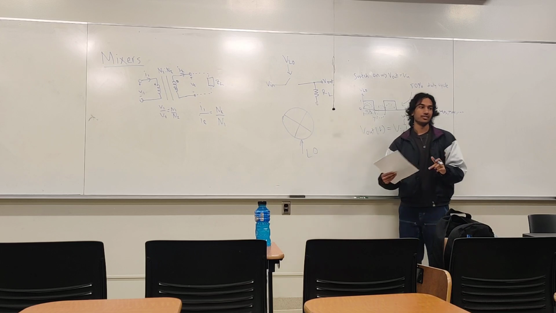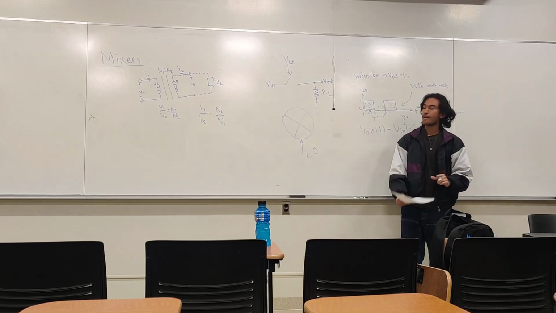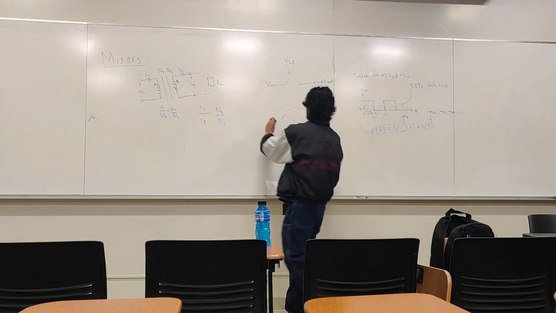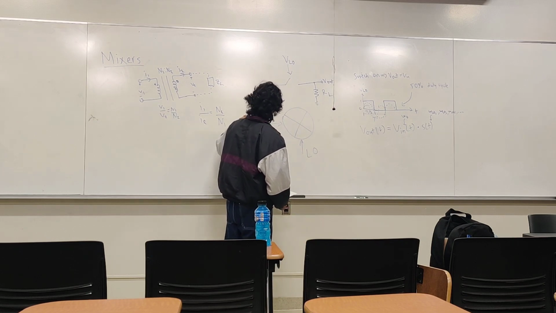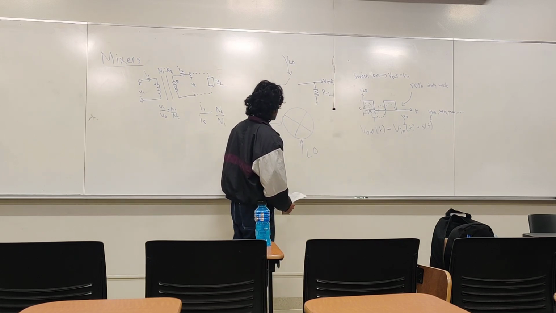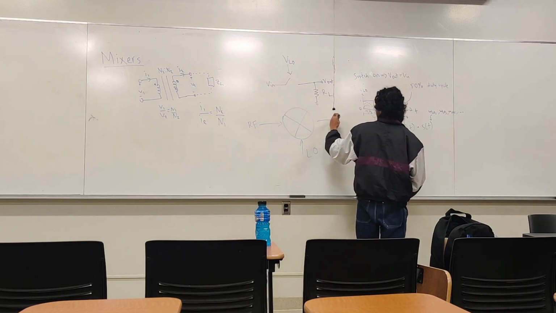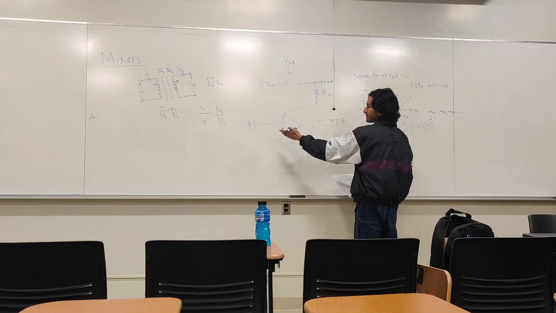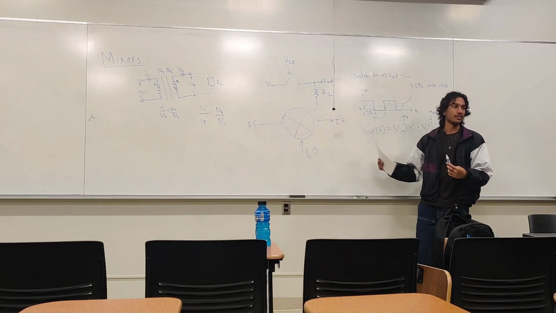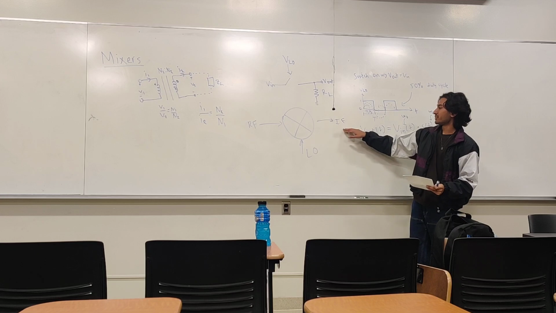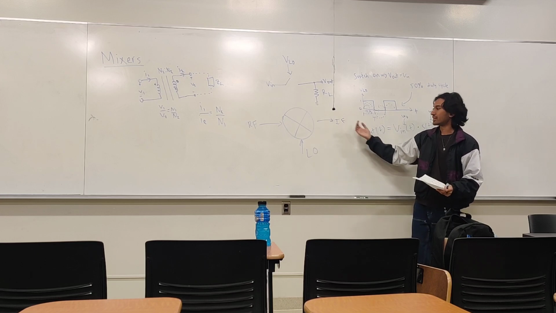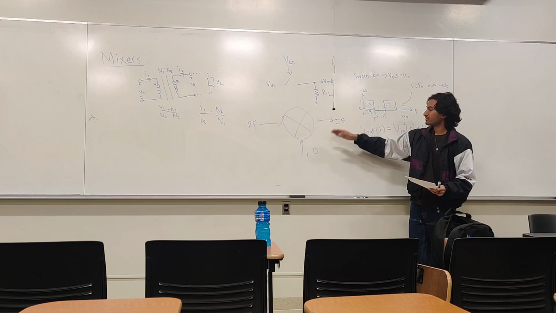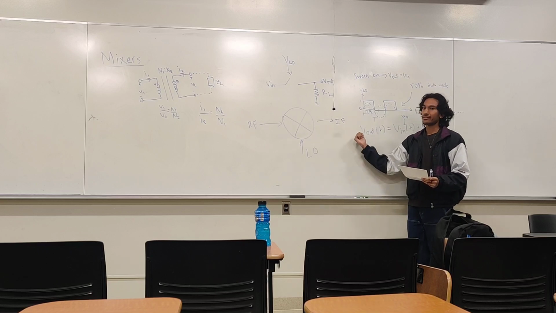We have two cases. We can either down convert or up convert. So let's say we're going to down convert. This is called RF. This is called IF. RF is your radio frequency. It's the higher one. And your IF is the intermediate frequency, and this is going to be smaller. So you expect for a down conversion case, RF and LO meet, get IF out.